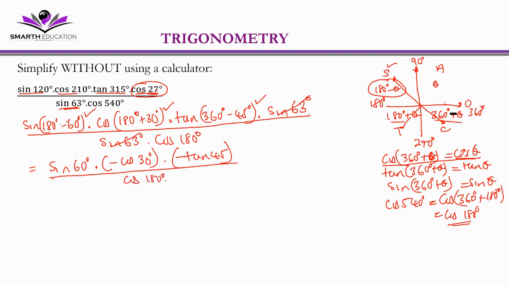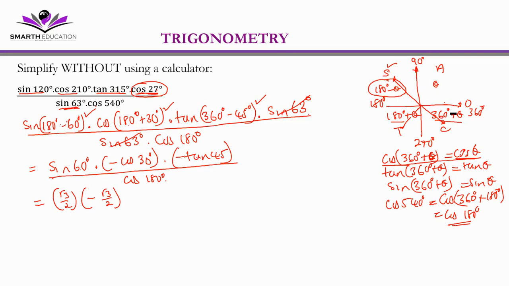If you check here, we're left with special angles. Sine 60 degrees is root 3 over 2. Then negative cos 30 is negative root 3 over 2.